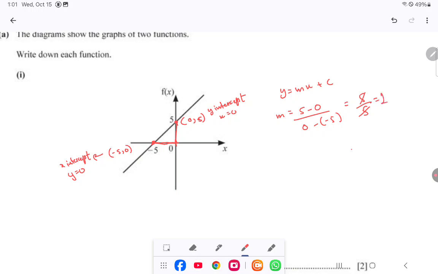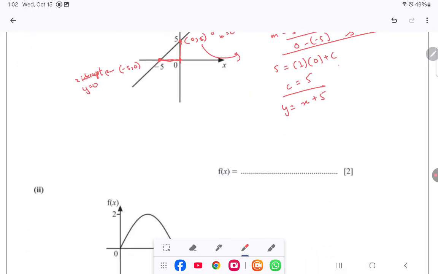For c, we put in the point where x is 0 and y is 5: 5 equals 1 times 0 plus c, so c is 5. Now we have the slope and c, so y equals 1 times x plus 5. So x plus 5 is our function.